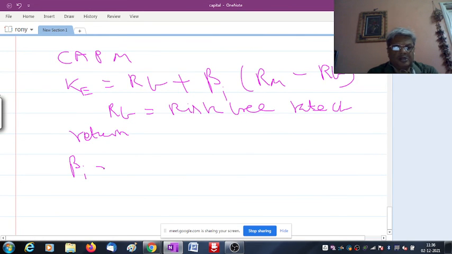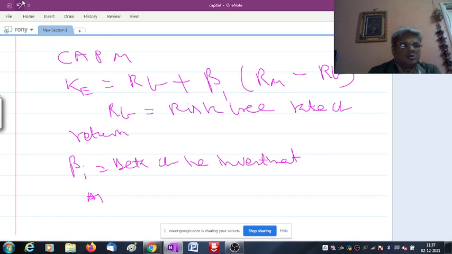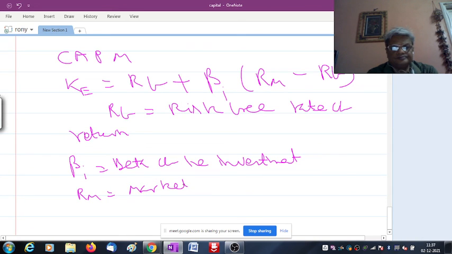Beta is the beta of the investment. RM means market rate of return. What beta is will be explained in portfolio management. It does not come under the purview of corporate finance or credit review.